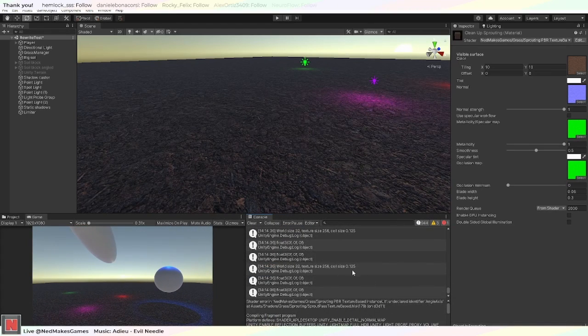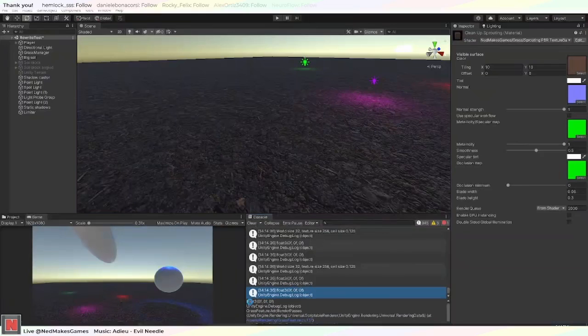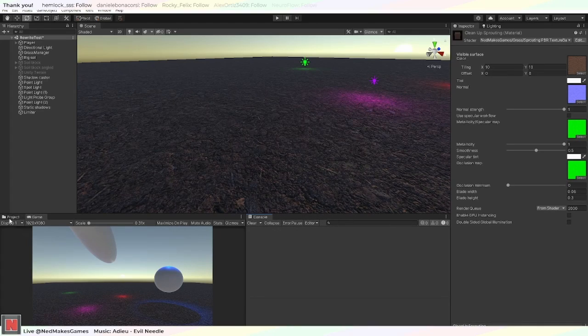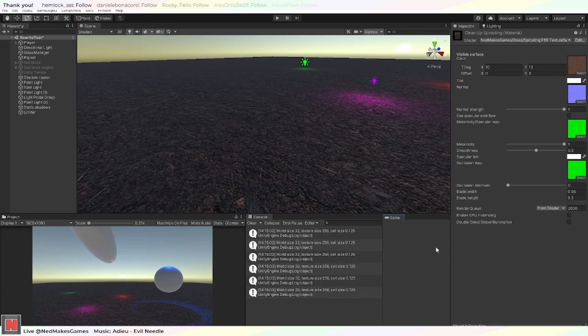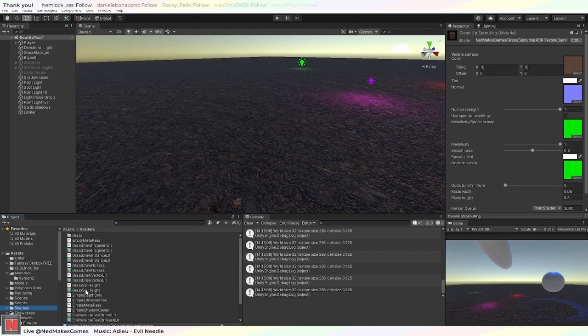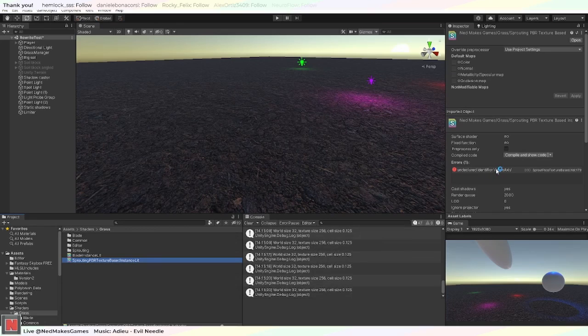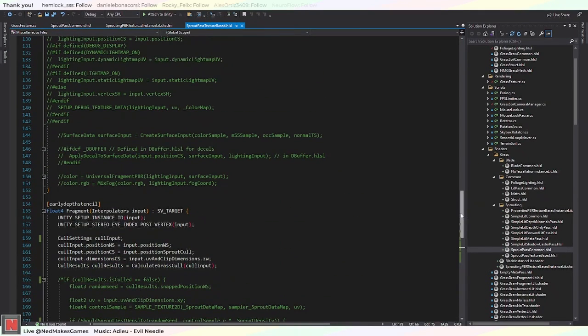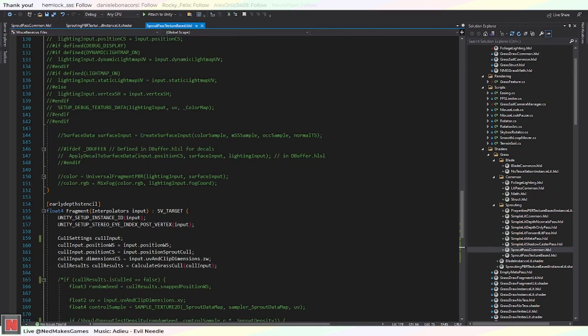Undeclared identifier angle axis. Okay, there's too many debug logs in here. Oh yeah, it's angle axis 3x3.